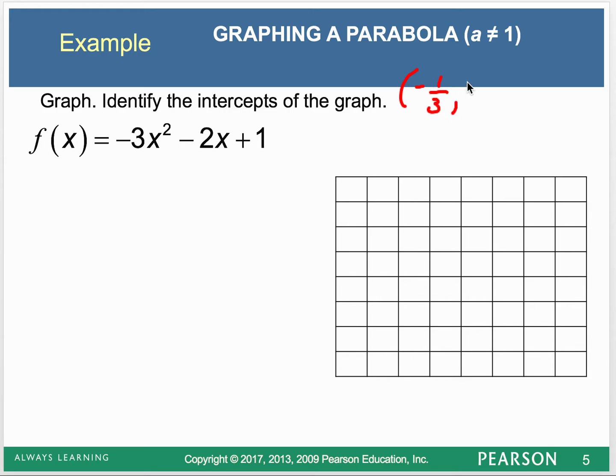Negative 1/3 and 4/3. So I'm going to find the vertex and I'm going to plot it over here. So negative 1/3 and 1 1/3.